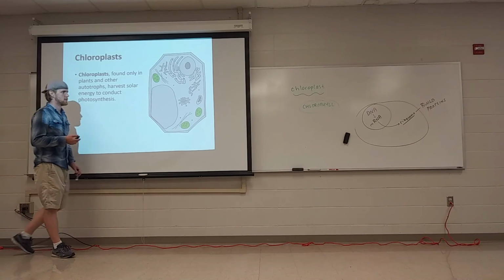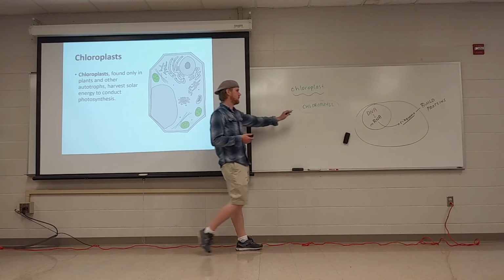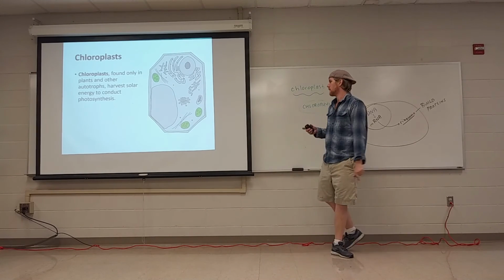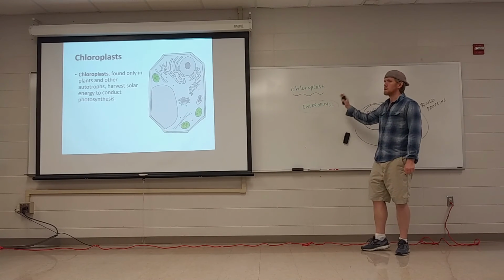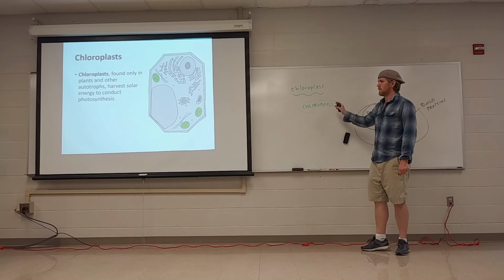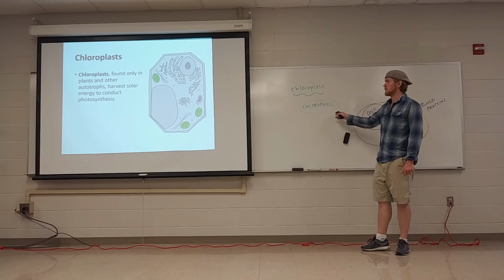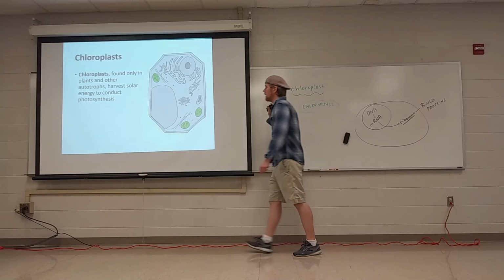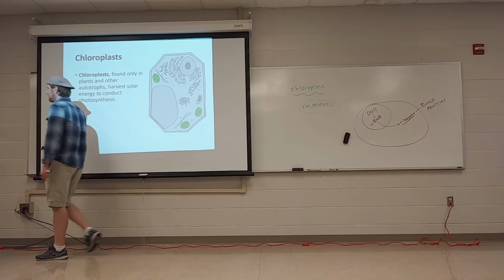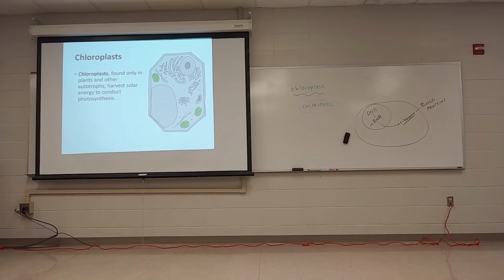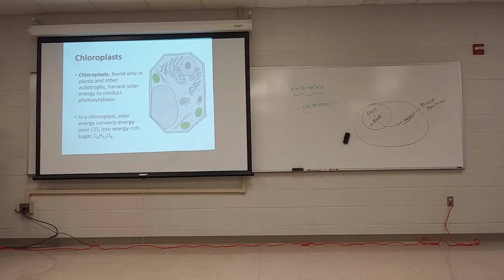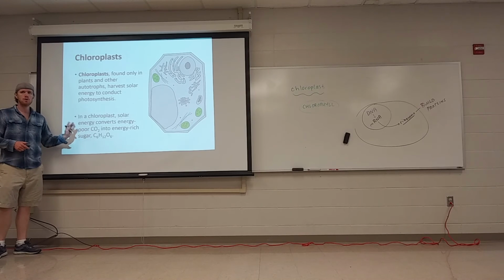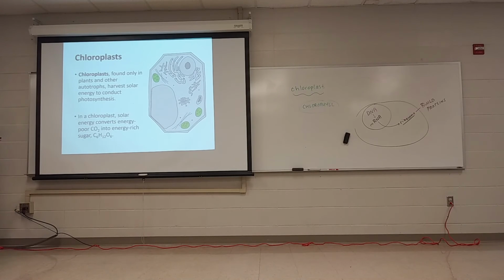They're green in this picture because of the presence of the pigment chlorophyll. Again, you can't harness sunlight without chlorophyll. If it's not green, it's not doing photosynthesis. Simple as that. Chloroplasts are required to conduct photosynthesis. And again, like we mentioned, energy-poor carbon dioxide is converted into energy-rich sugars. And the energy comes from the sun.